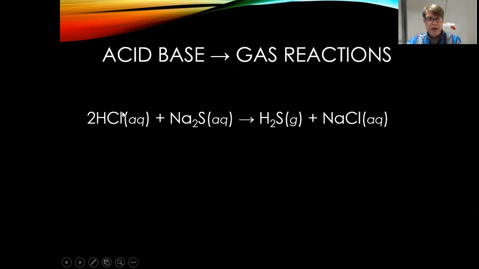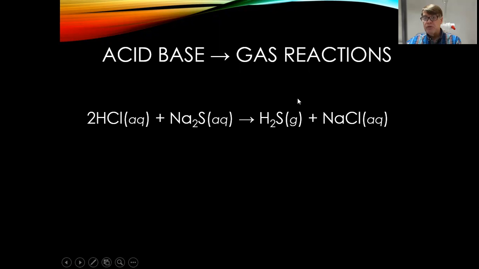And then the sodium and the chloride are going to pair up, and we're going to get a salt. Here is an acid-base reaction. This is serving as a base. It's not a hydroxide base, but basically, and it's going to result in a salt and this gas.